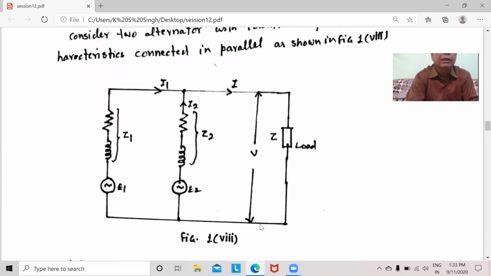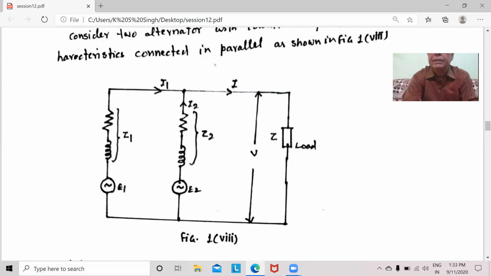Here E1 is the EMF of one alternator, Z1 is the impedance of this alternator, and this is the second alternator. Both are connected in parallel.